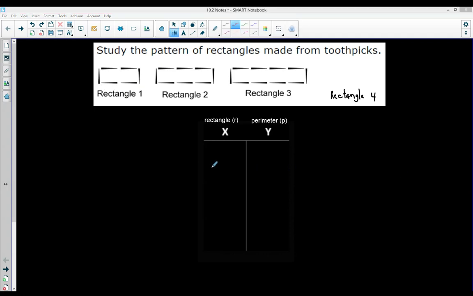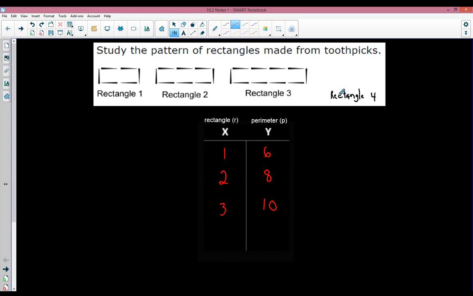So looking at our example here, we could fill in the table of values. Rectangle 1, how many toothpicks were there? 6. In rectangle 2, we would count and find that there were 8. In rectangle 3, we would count and discover that there were 10 toothpicks needed to create this perimeter.